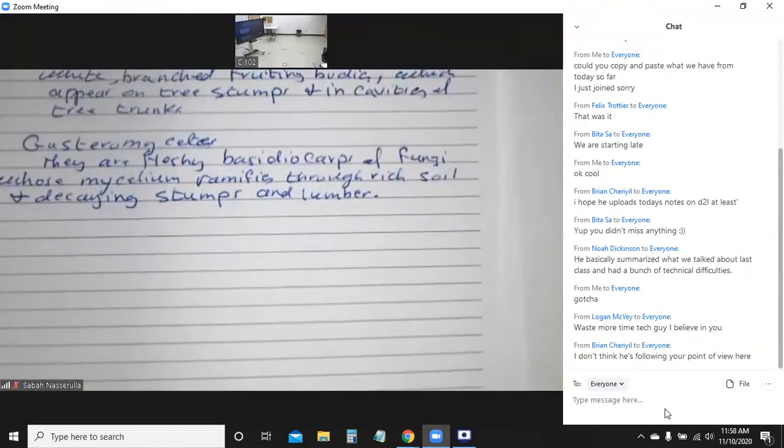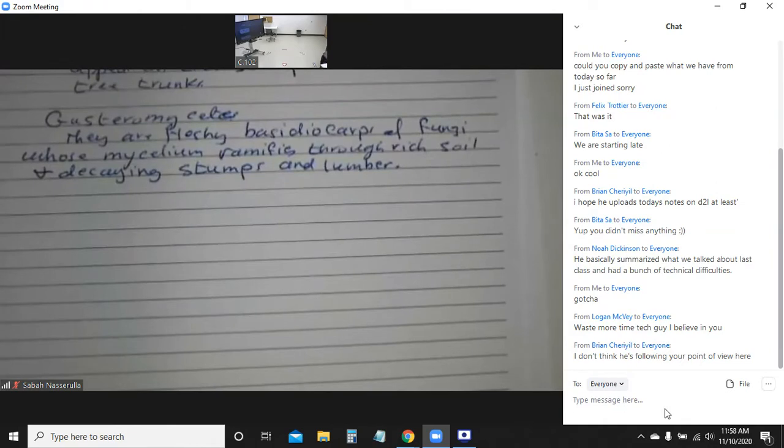And don't forget that in the basidiocarp of this group, the basidia are not in a hymenium layer.